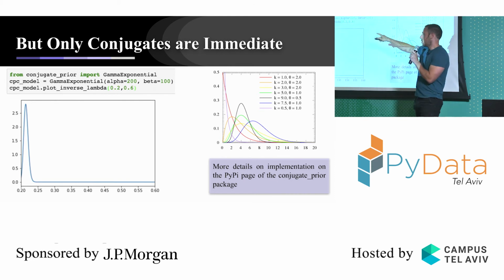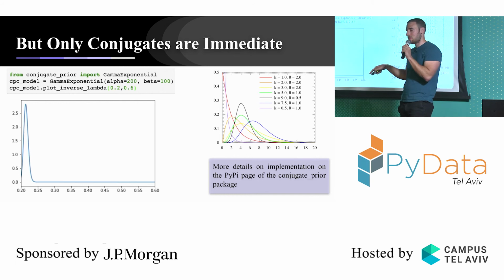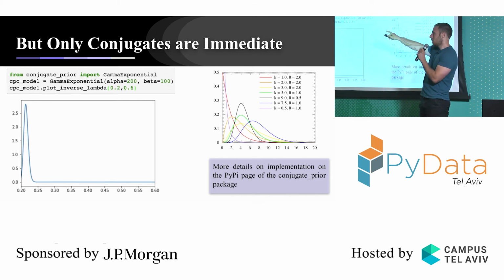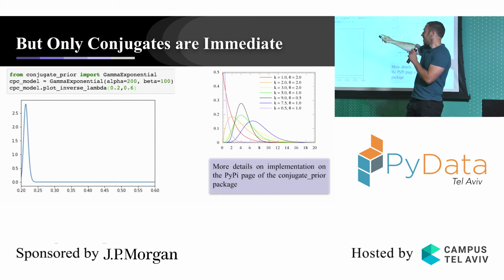So if we accept that we use the gamma-exponential, meaning that we know that the likelihood is exponential and the decay rate is gamma distributed, then we can use this wonderful package written by me that actually implements a table from Wikipedia of conjugate priors. It's like a 3-liner, and you have this wonderful plot.